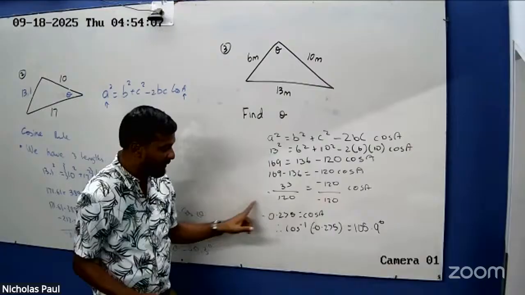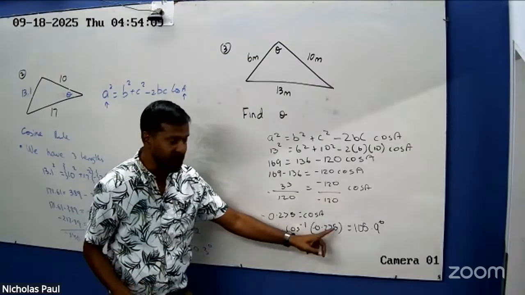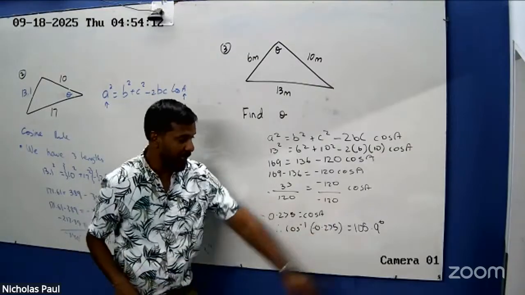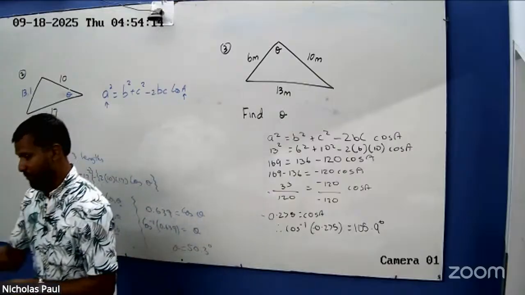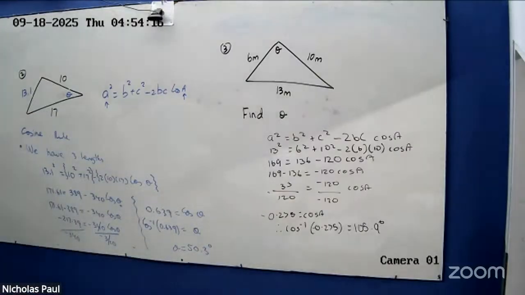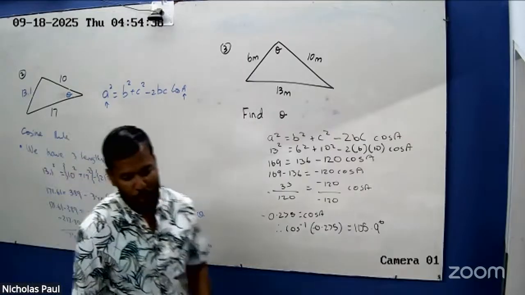Just find cos inverse of minus 0.275 and you will get 106. Everybody else has 106. Online, you're okay with that? So nothing wrong with getting the minus sign, right?